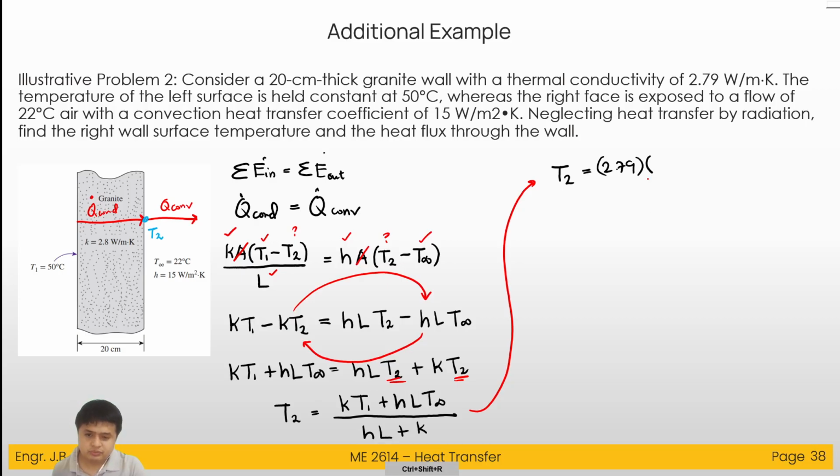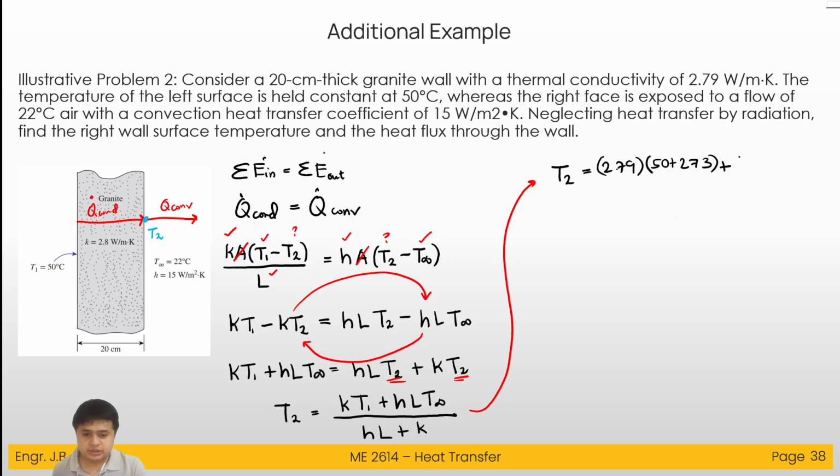So be careful with this one. We have already discussed before that if this is a temperature difference, you don't need to change the units into absolute temperatures. But if this is just T1, it is not a difference, you have to convert this into absolute temperature. So you have 50 plus 273.